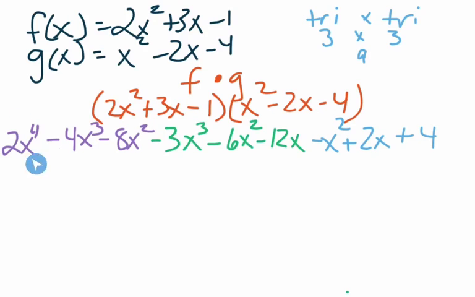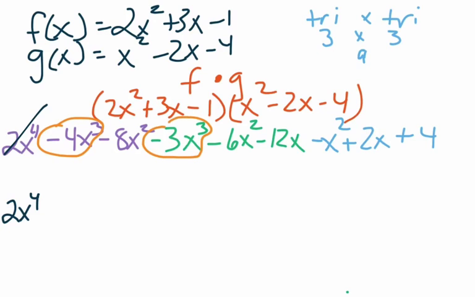So we only have one x to the 4th term. That's 2x to the 4th, and I'll cross that off. Now, when it comes to the cubics, I have negative 4x to the 3rd and negative 3x to the 3rd, and it looks like those are the only two I have.